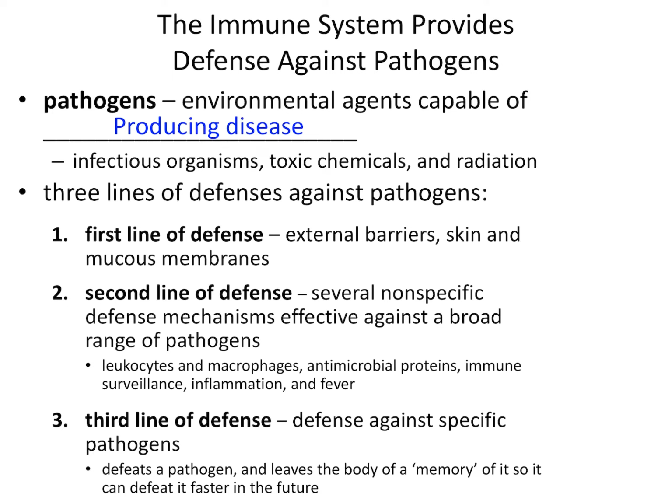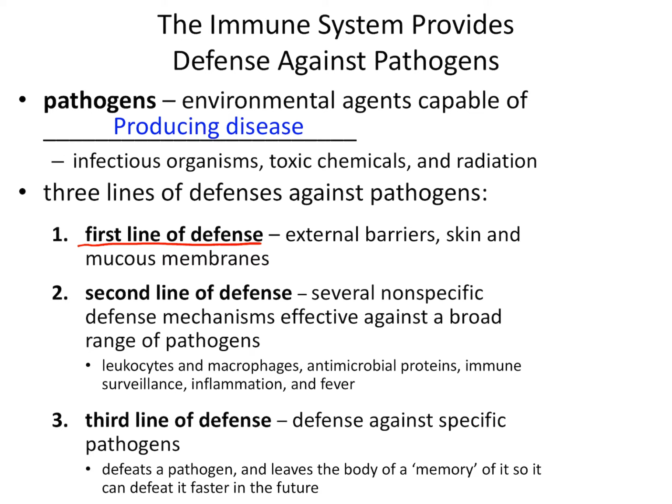So each organism is going to have three primary lines of defense that they can use to defend themselves against pathogens. The first line of defense is ultimately going to be our external barrier, which is the skin, as well as the mucous membranes, which line body passages that open to the outside environment.